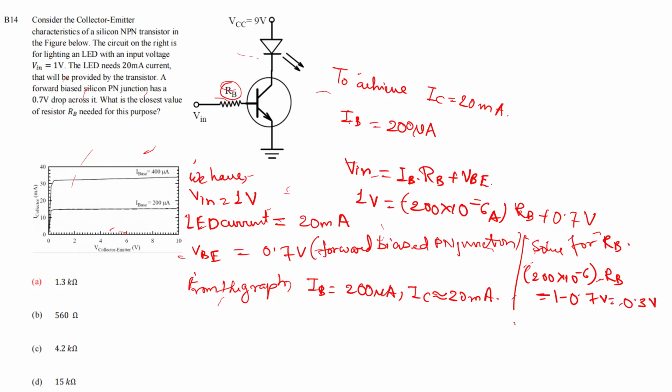So we will get RB equal to 0.3 divided by 200 into 10 to the power minus 6. We will have 1500 ohm, right? So 1500 ohm corresponds to 1.5 kilo ohm.